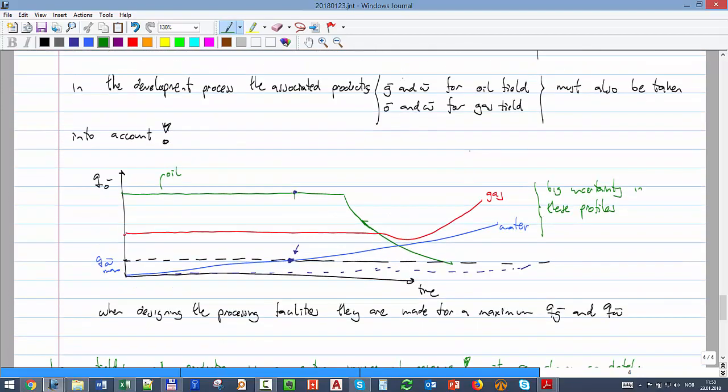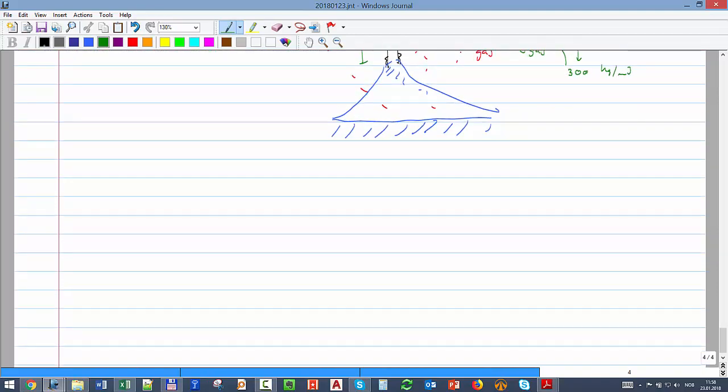Before we finish, plateau, just one short comment. Plateau length for gas fields is usually very long, between 10 and maybe 30 or 40 years.